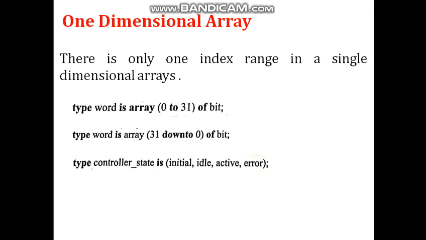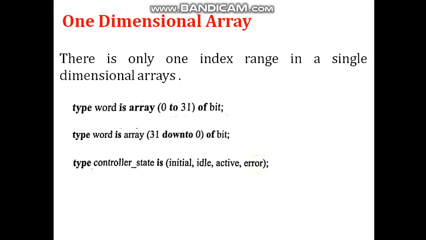We will discuss an example where the declarations are of an enumeration type. The type controller_state is initial, idle, active, and error.